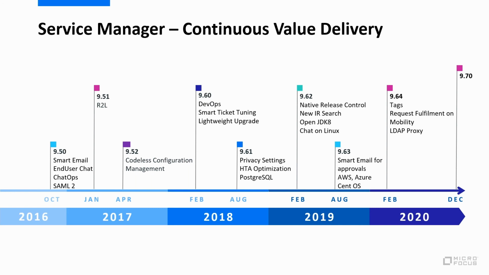So as you can see, in the Service Manager lifecycle roadmap we will still continue to deliver new versions of the Service Manager, including customer improvements, customer enhancement requests, or some technical evolution or mandates, those kinds of things. So last December, we released the Service Manager 9.70, and now the team is working on another new minor version on top of 9.70.